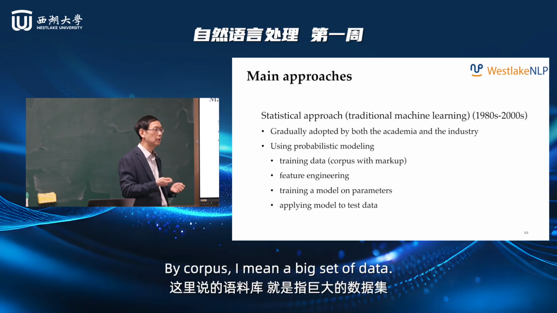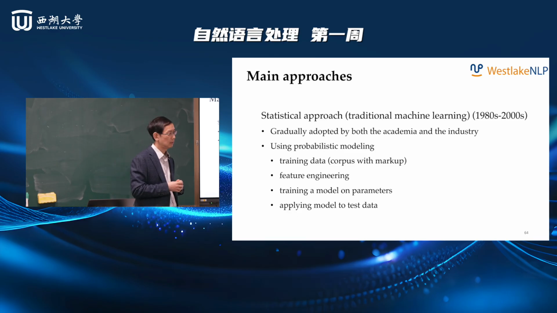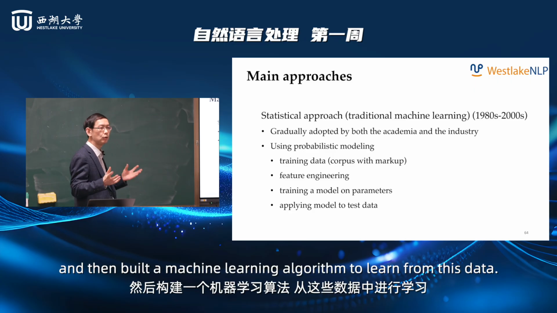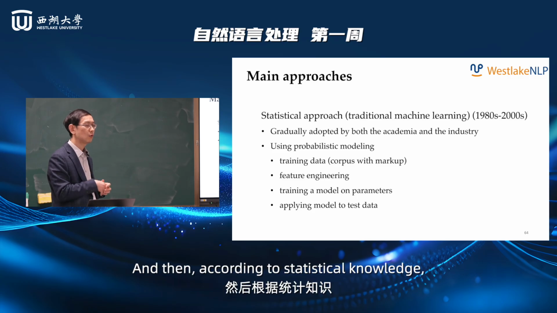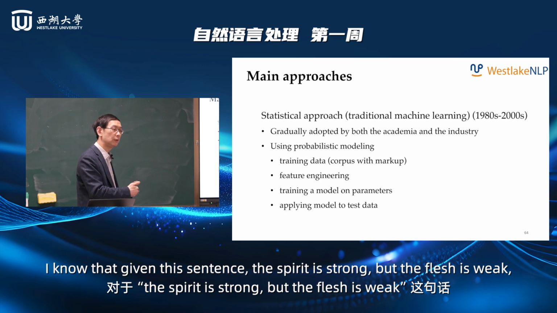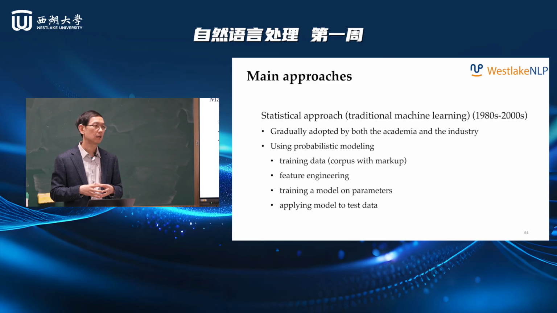By corpus, I mean a big set of data. Okay, we will learn about them next week. They annotate the linguistic structures on those data. And then I build a machine learning algorithm to learn from this data. And then according to statistical knowledge, given the sentence "the spirit is strong, but the flesh is weak," we know it's more likely to mean this rather than that, given the probabilities.